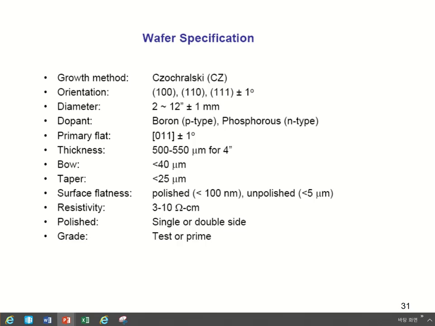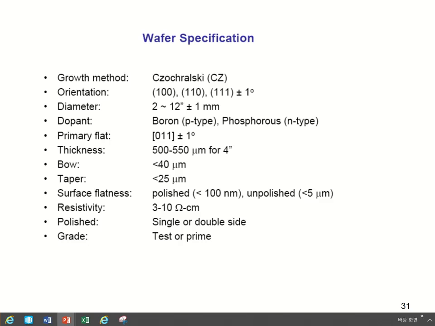Resistivity, you can buy 3 to 10 ohm centimeter, that one you can choose. So basically, you can have a conductive one or a semi-conductive one. You can buy it polished. You can polish both sides or only one side.